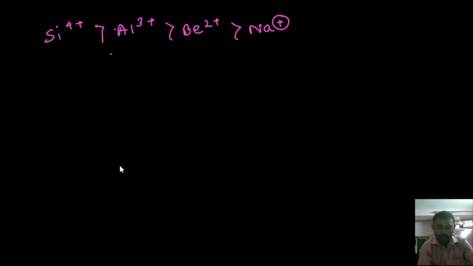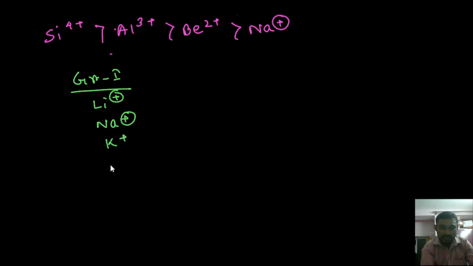Then suppose for the group 1 cations, means lithium, sodium, potassium, rubidium, cesium. This is the group 1 cation. Down the group, the size increases.